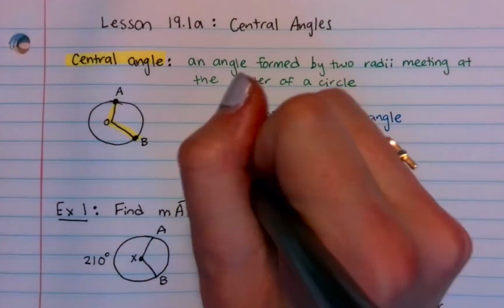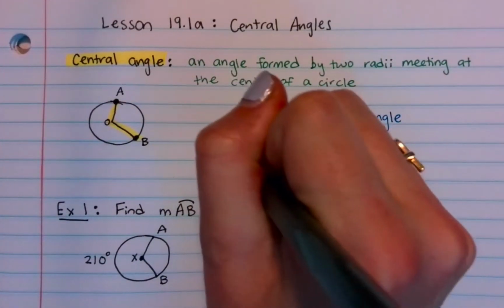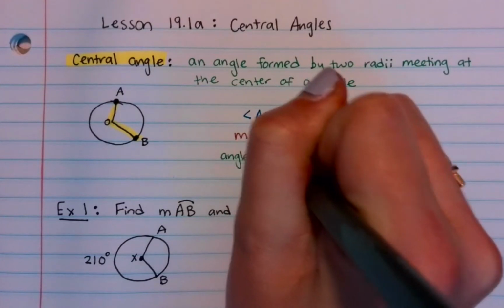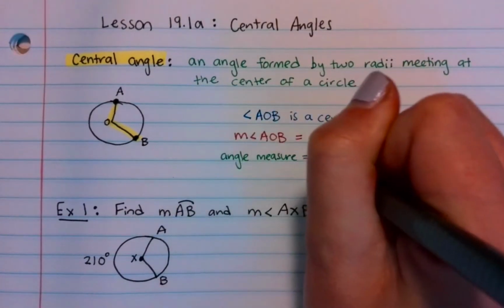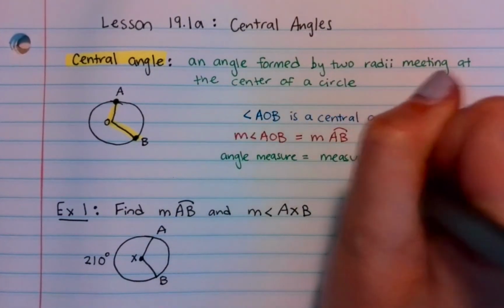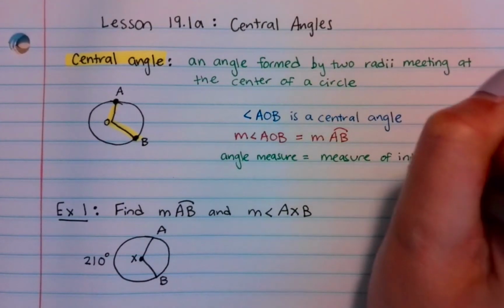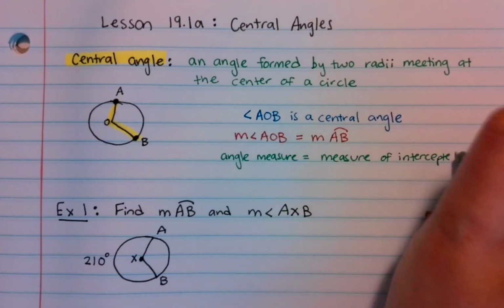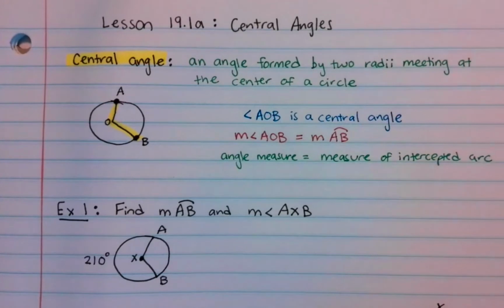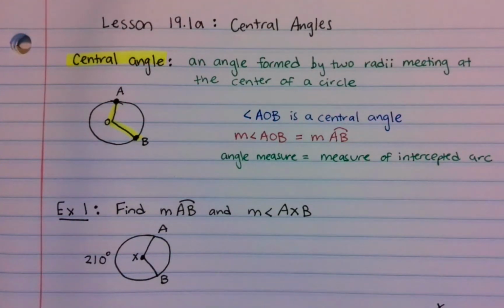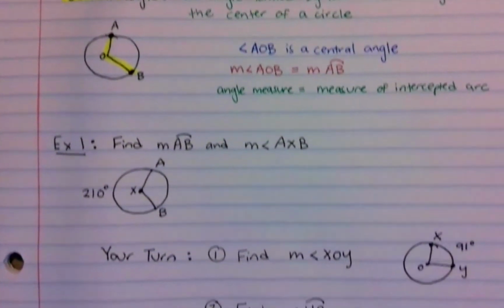So the angle measure is equal to the measure of the intercepted arc. We're going to use that property to solve for some unknown arc measures, angles, and variables in this lesson. So let's start with example 1.